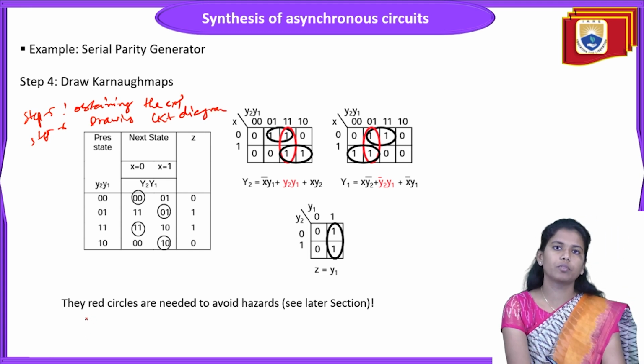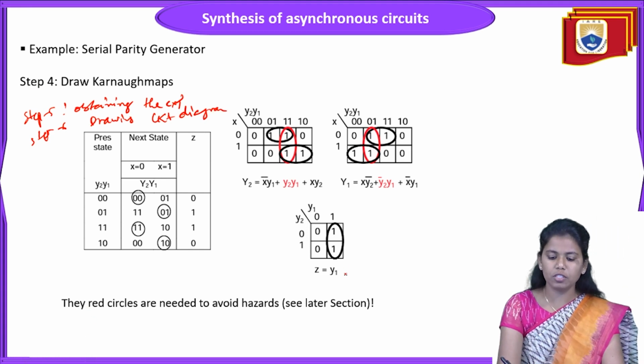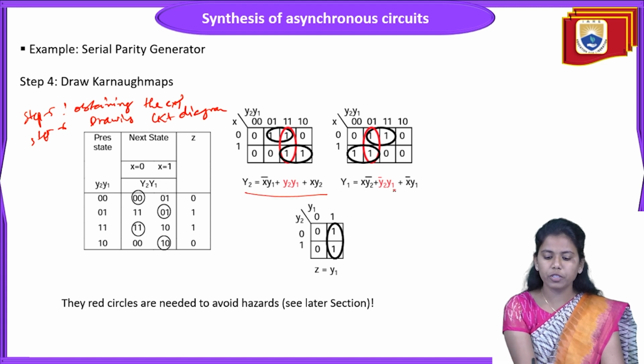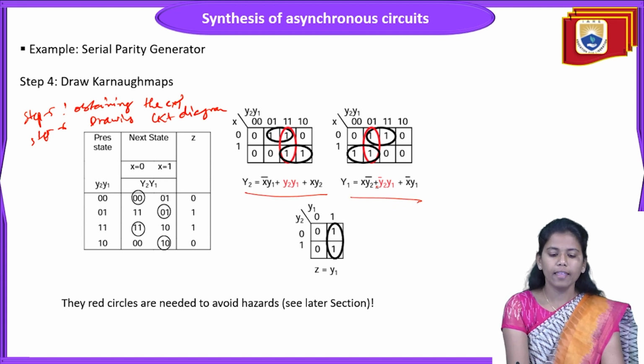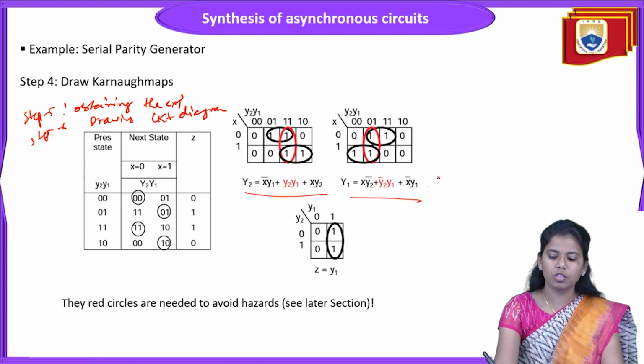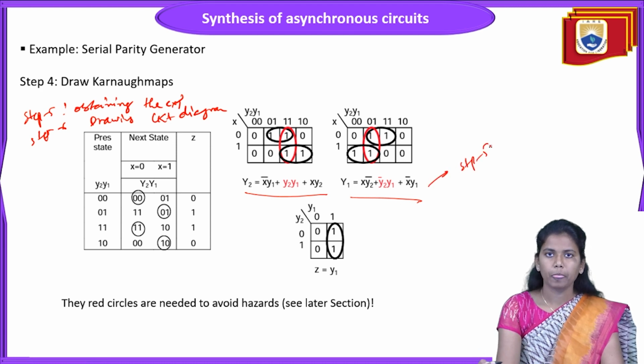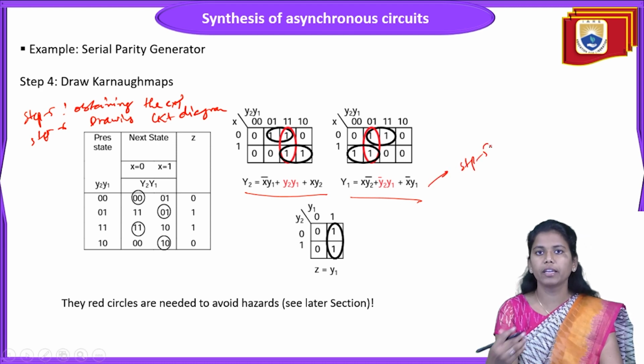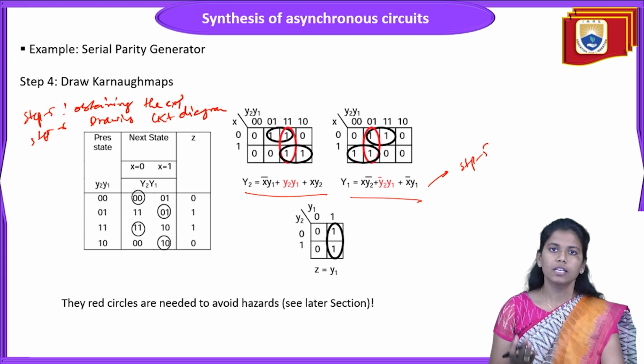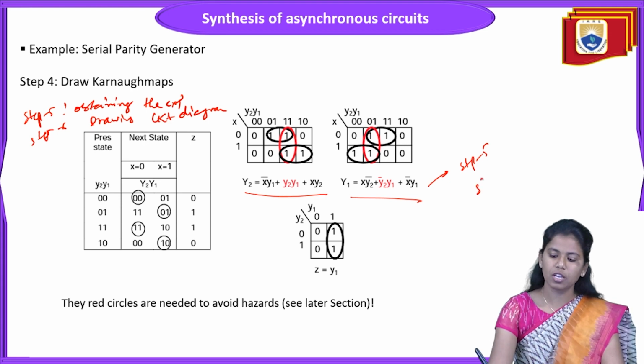So the 6 steps we have observed. Till step 4, we got the Boolean expressions with respect to y1, y2. And after obtaining the expressions, the final step in the synthesis of asynchronous sequential circuits, step 6, is drawing the circuit diagram.